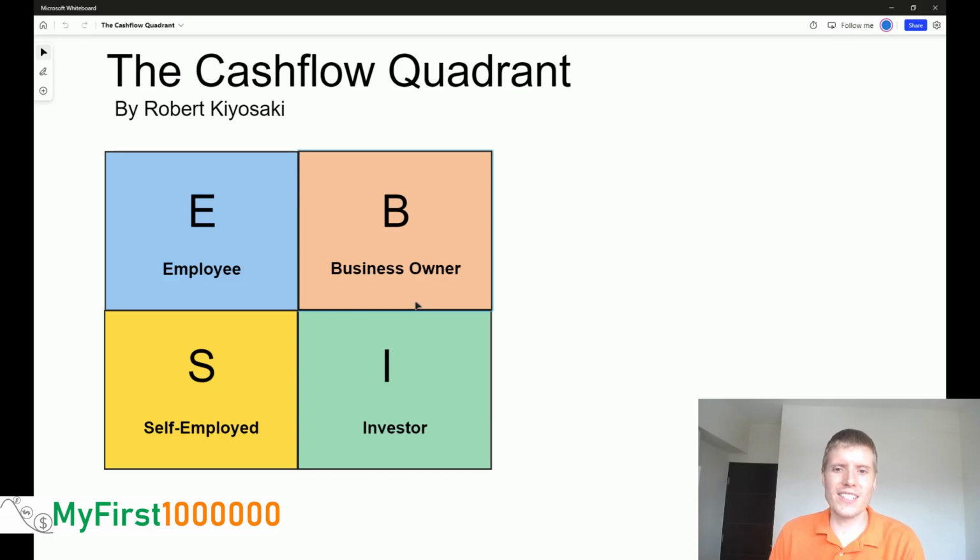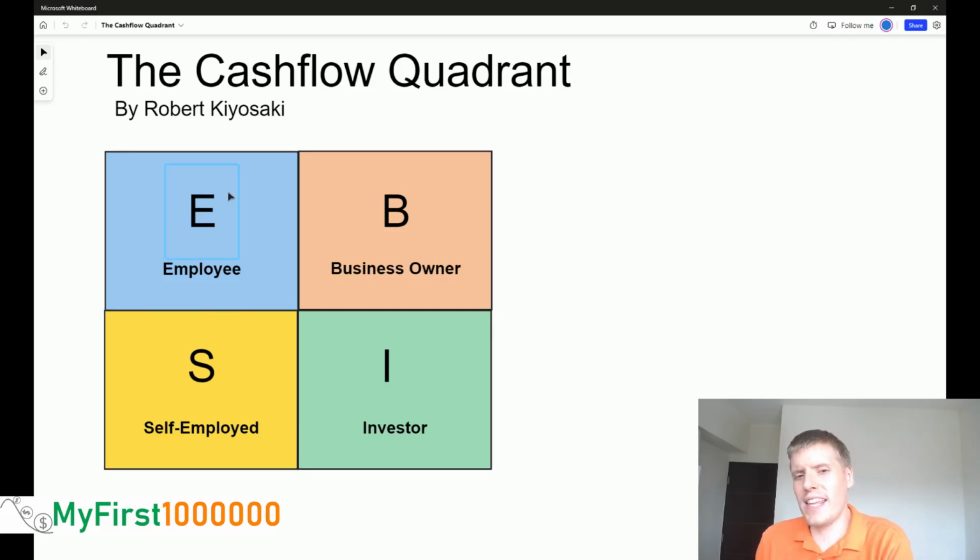However, I believe if you understand the beauty of compounding interest, then you also know that it's potentially perfectly fine to stay in the left side for a longer period of time. As long as you can generate a high savings rate, if you're an employee or self-employed, it's also okay to stay on the left side.